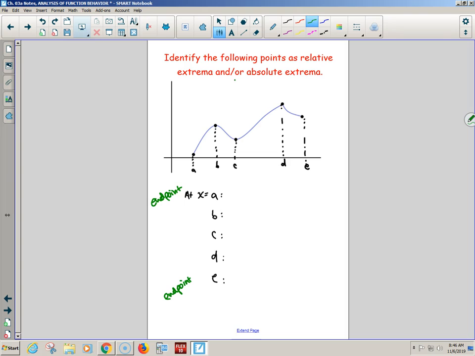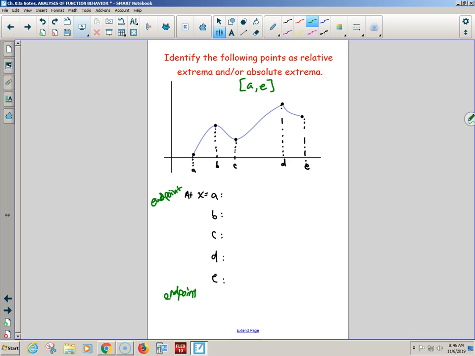I am considering the closed interval from A to E, and I know that because A is filled in and E is filled in. A, B, C, D, E. So it's a closed interval from A to E. You're including A and you're including E.